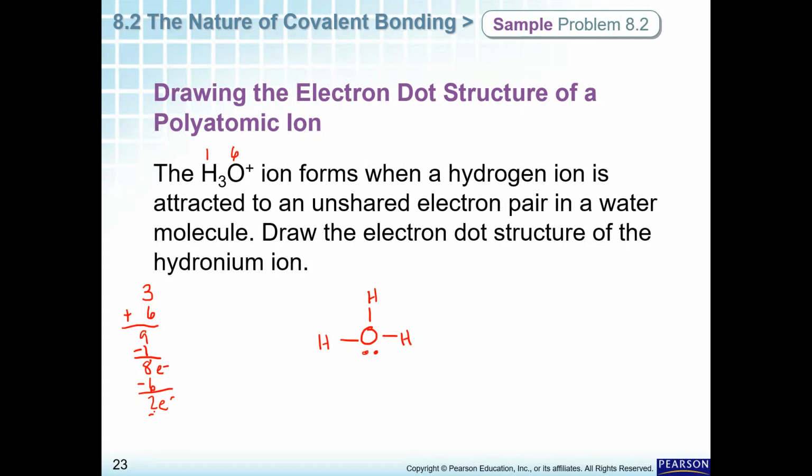When we do that, we have to make sure that everything meets the octet rule. Here, hydrogen's happy, oxygen's happy, because there are 8 around oxygen. Then we put brackets around it when we're done, because this is an ion. And then we put a positive sign. That just means this structure has a positive 1 charge. And that's it.